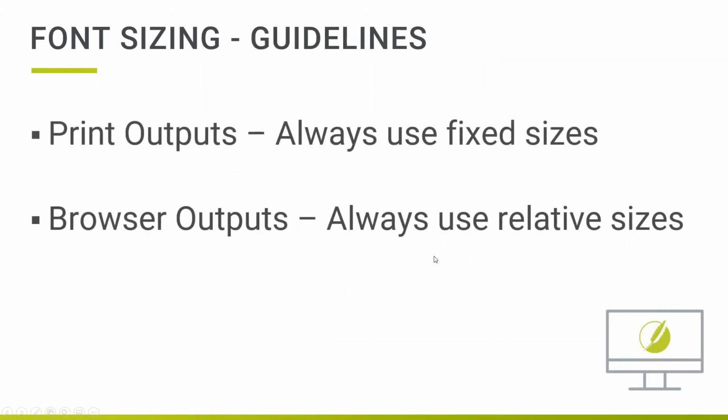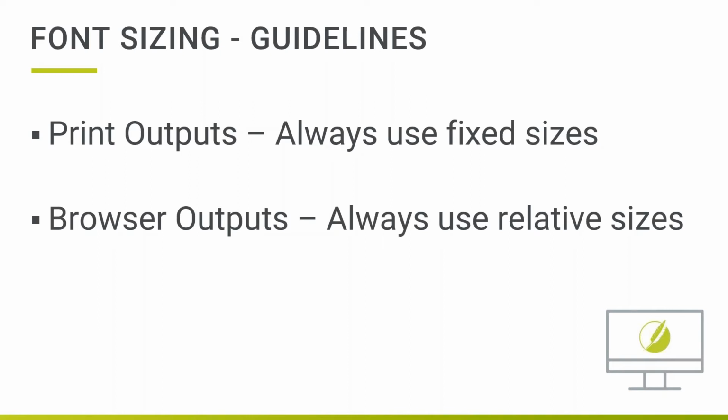So as a rule, in your print outputs, always use fixed sizes, and in your browser outputs, always use relative sizes. Now, also, I want to point out, because I had somebody send me a nasty email after a session one time, I'm talking about text sizing.